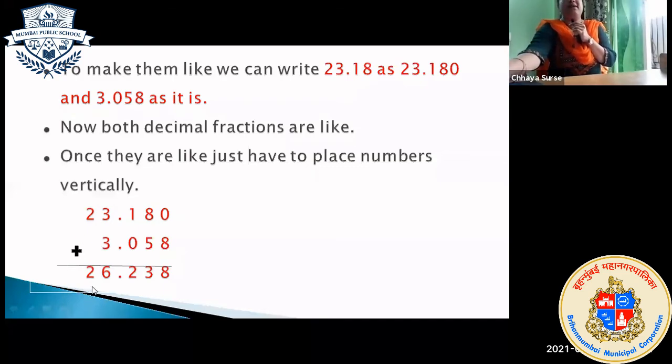So what is the answer? 26.238. Clear? In this way, we add the decimal fractions. So this is the rule: decimal fractions should be like. Understood?